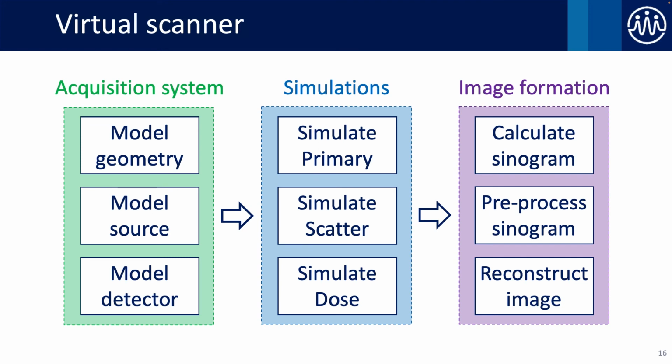And then in the end, you reconstruct the image to get the volumetric images from sinograms. Similar to the previous steps, you try to make it as close as what you see in clinical practice. That would give you a framework to create your virtual scanner, which you can use to image your virtual patients to get CT images.